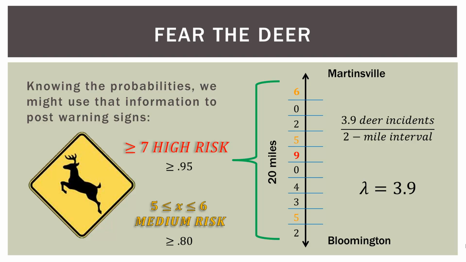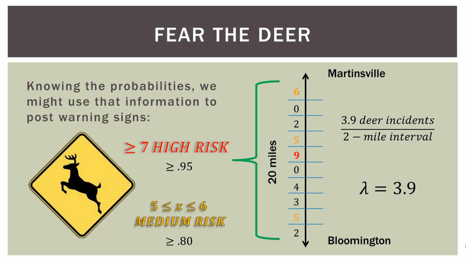So we would put a sign in the ground right there that says, warning, deer crossing next 2 miles, high risk, or whatever. Because we know that in the next 2 miles, the number of deer that get hit in that region is far beyond what we would expect to normally happen. So if we had 4 deer hit in that range, we would say, well, that's kind of what we would expect. But 7 or more, that's too high. Let's put up a sign.